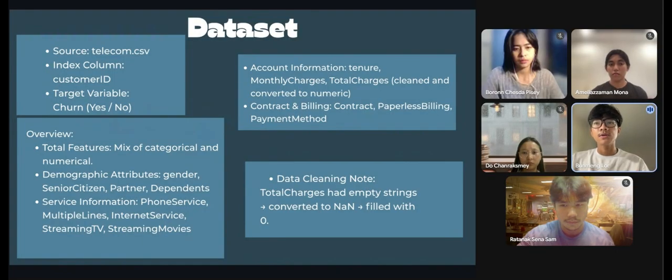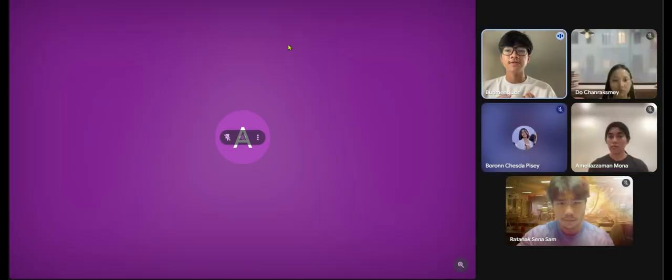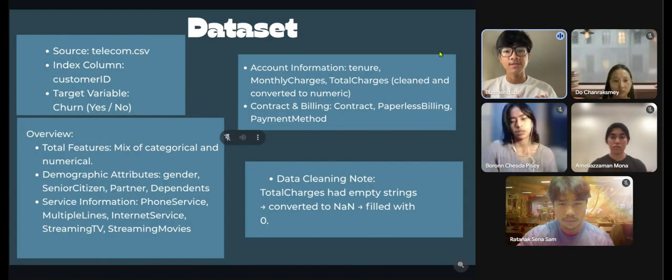So the dataset includes a variety of features grouped into four main categories. First is the demographic attributes such as gender, senior citizen, partner, and also dependents. Next is the service information. There is phone service, internet service, and whether the customer uses streaming services.